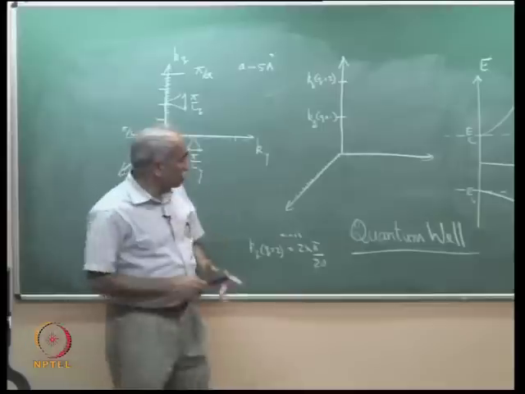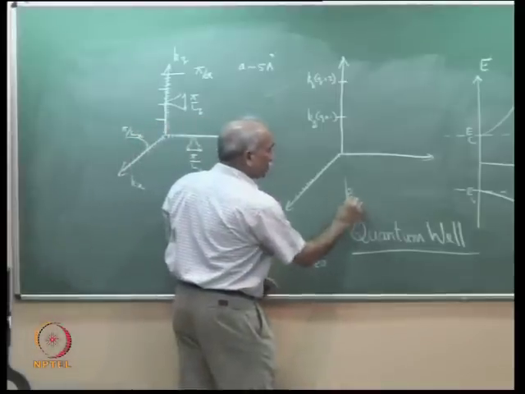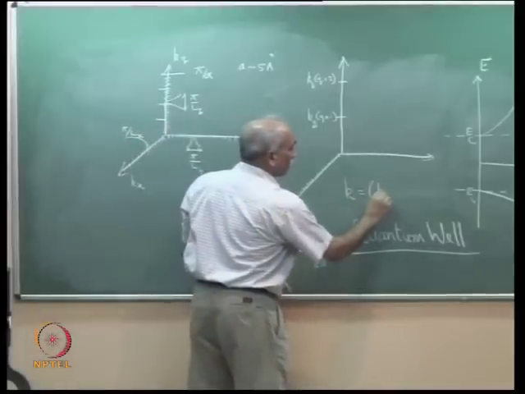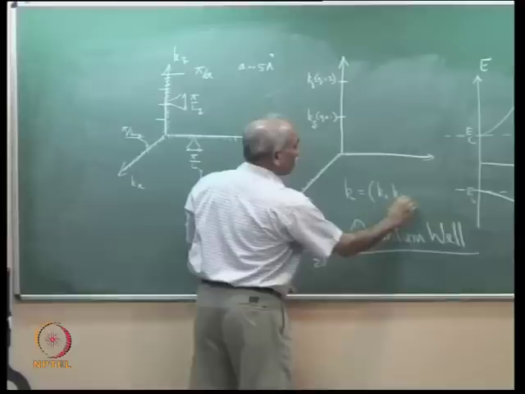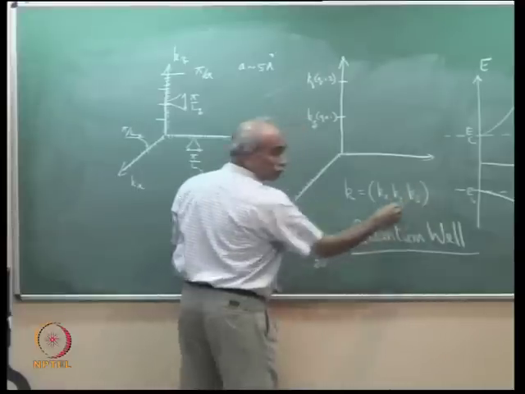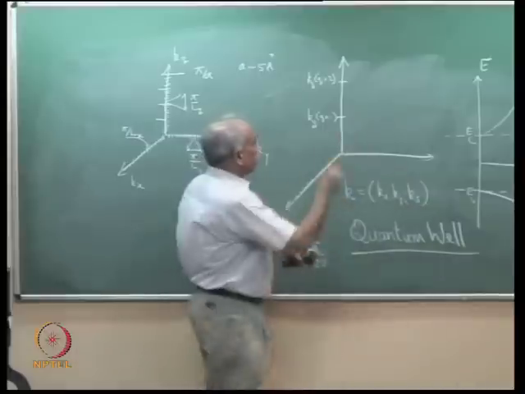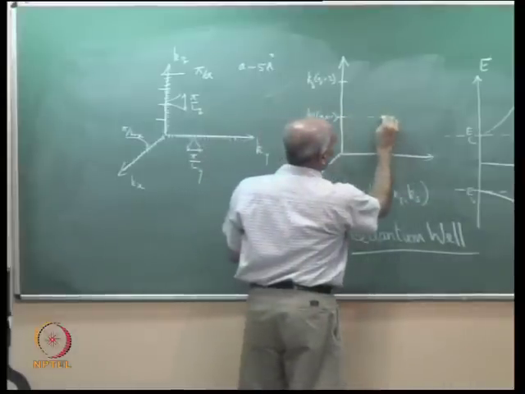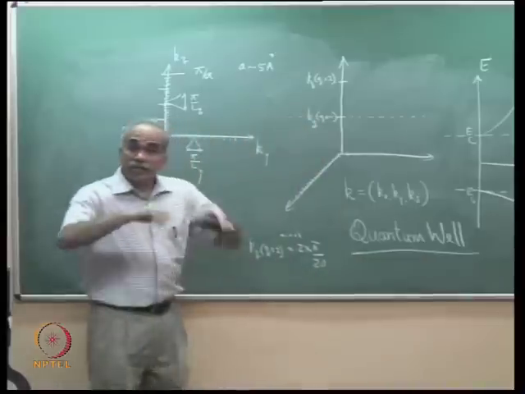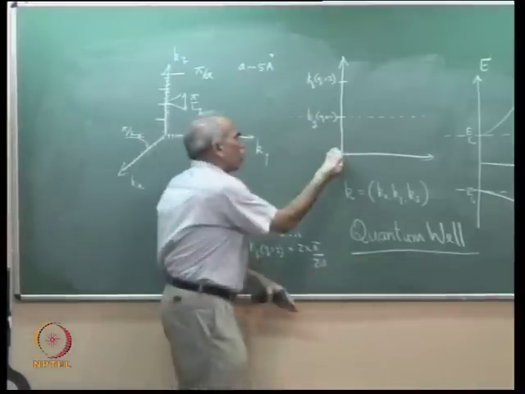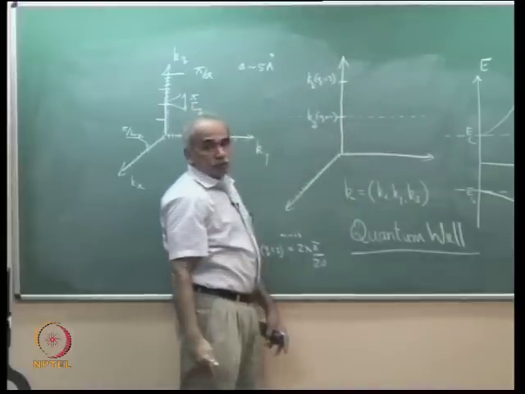What is its implication? K comprises of Kx, Ky and Kz. The first value of Kz should be at this height. Earlier we had a sphere because there were a large number of Kz values also.